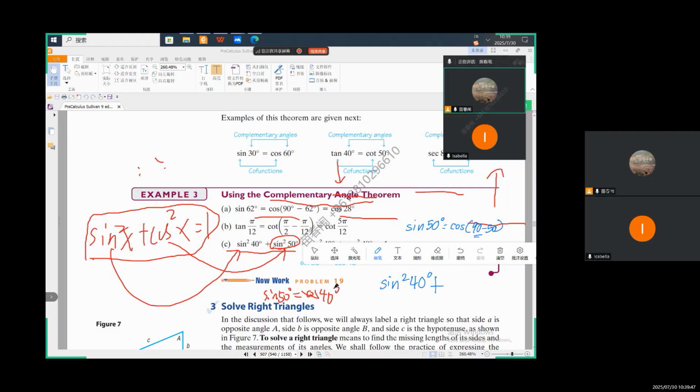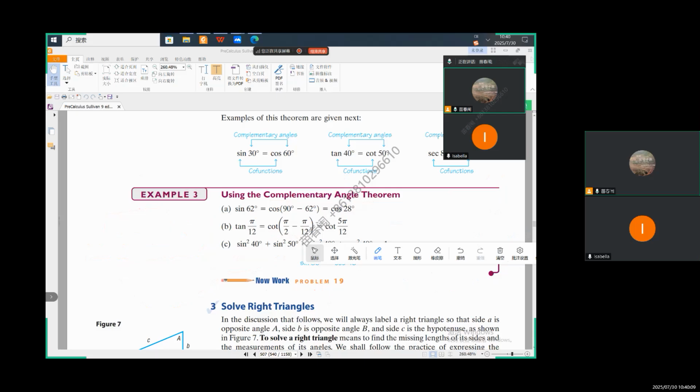And now it's at the same angle. So that's one, right? In the end, it's one. That's easy enough. Okay, got it. So it's complementary. As long as complementary is used to simplify things, we use complementary.